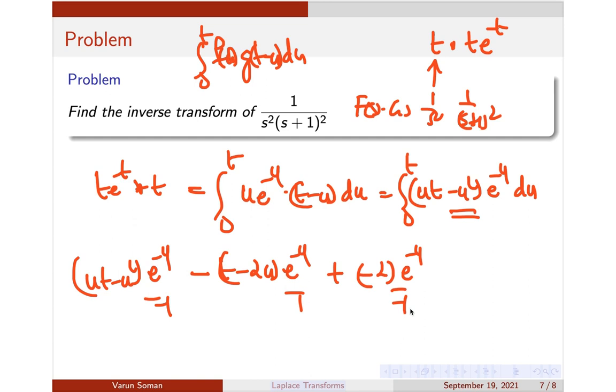Be careful, here the variable is u, not t, so ut minus u square, then you will have t minus 2u, then you will have again minus 2, in the limits 0 to t here.